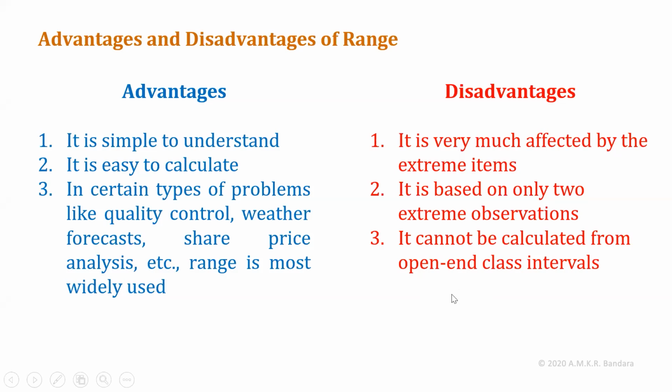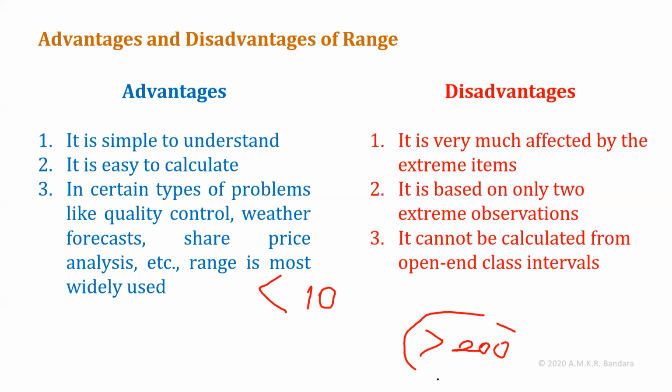You will get the summarized data as a frequency table, and some classes in the frequency table may be defined as less than some value, assume less than 10, and another class greater than 200.